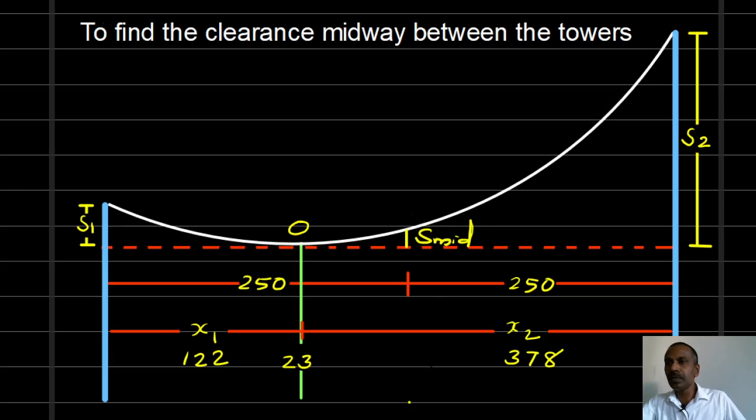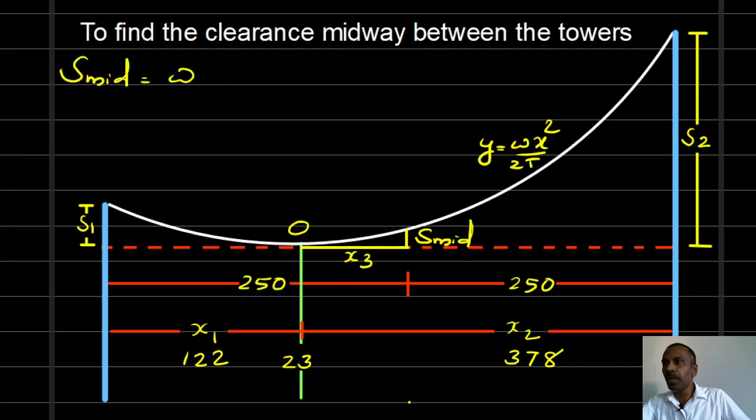In order to find out this height, we need to substitute the corresponding x in this equation. Y is equal to wx square by 2t. It's the equation of this curve. If we substitute the horizontal distance with respect to the origin, suppose this is x3, then you will get S mid. So S mid is equal to W into x3 square divided by 2t.